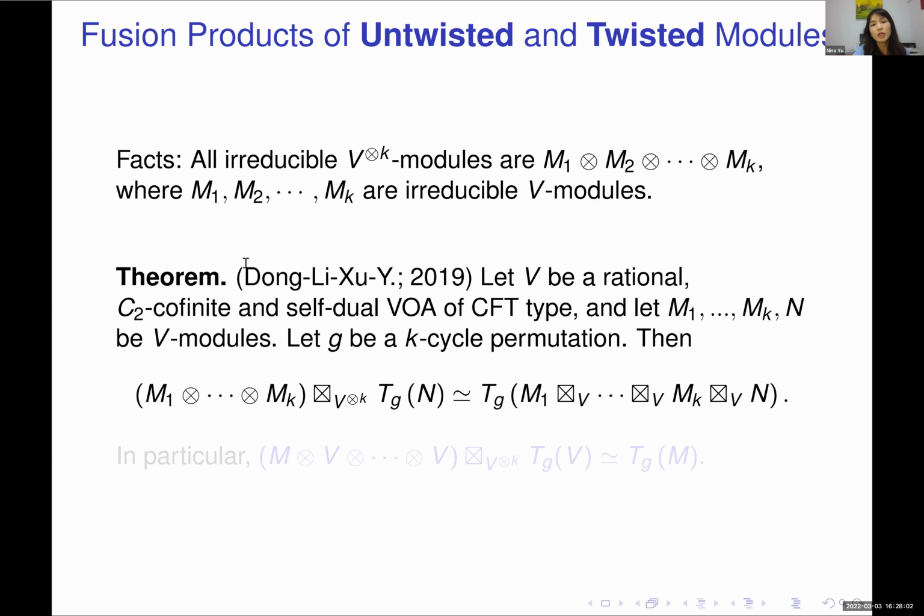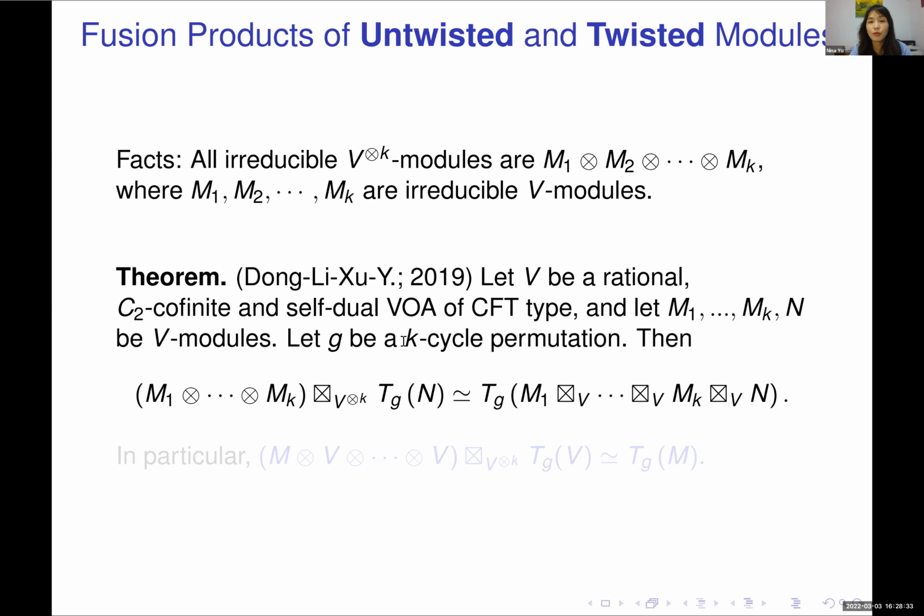We know that irreducible modules for the tensor product VOA can be written as M1 tensor M2 tensor through Mk, where those Mi are just irreducible modules for V. This is what untwisted modules for the tensor product VOA look like. And in 2019, we considered the fusion products of untwisted and twisted modules. We still assume that V satisfies all the nice properties.